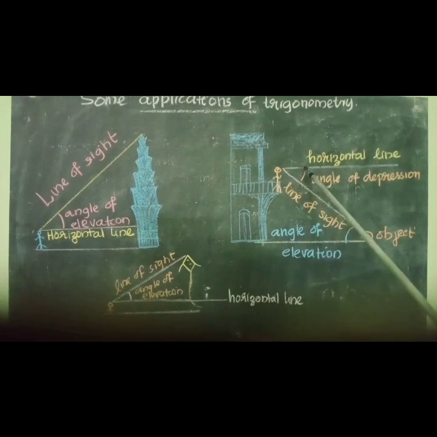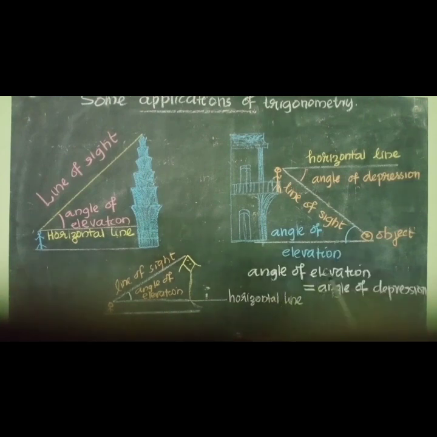Then what is about this angle of depression and angle of elevation? They will be the alternate interior angles. And we know if the lines are parallel, alternate interior angles are equal. Therefore, angle of elevation will be always equal to angle of depression.